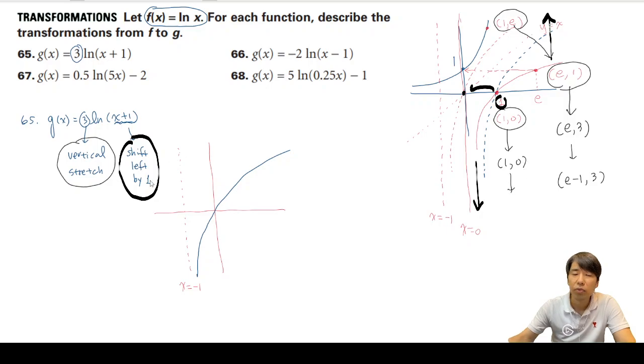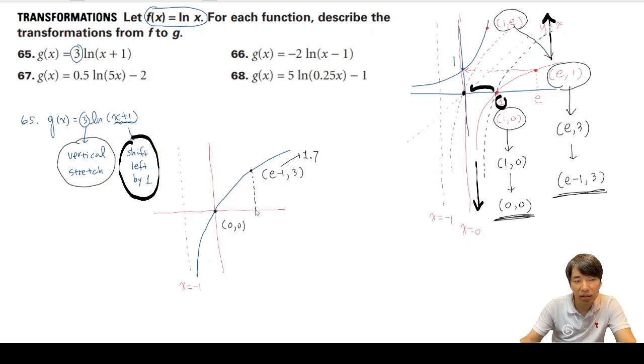Now, when you shift it to the left by 1, you subtract 1 from the x coordinate. So this x coordinate becomes 0, and y is still 0. So you have these 2 points as reference points on the new graph. The first reference point is 0, 0. The second reference point would be somewhere over here, which is e minus 1, 3. Again, e is like 2.7, so when you subtract 1, that's almost 1.7. So that is e minus 1, and that is 3.